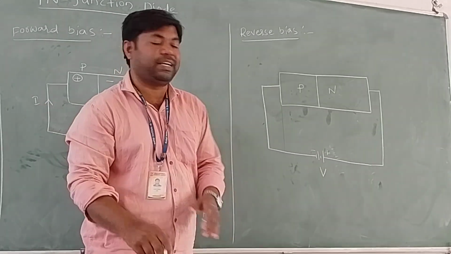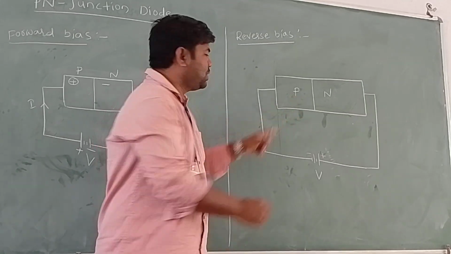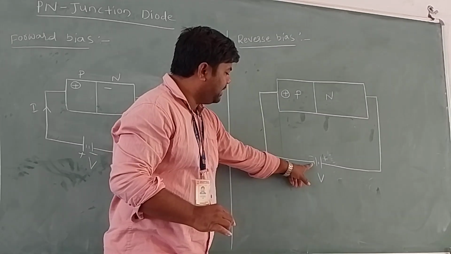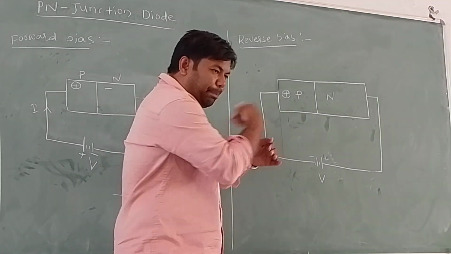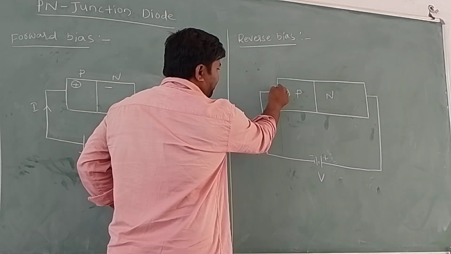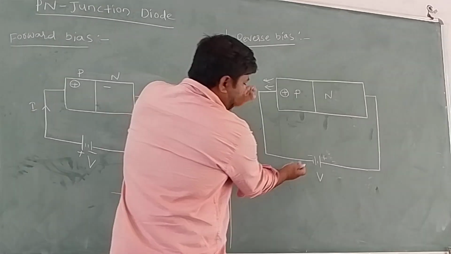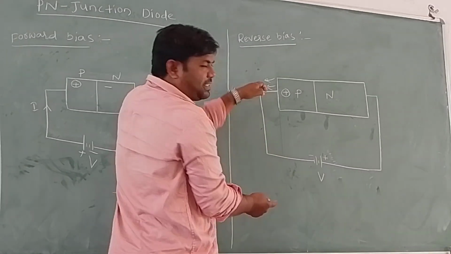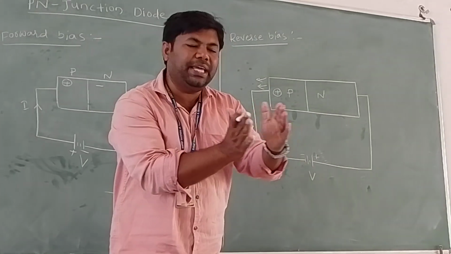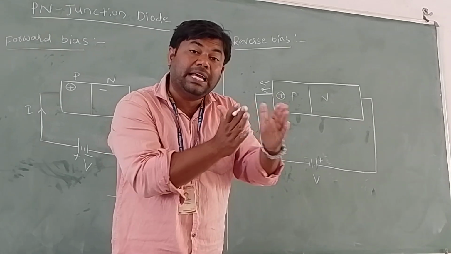The holes in the P type are positive and here the terminal is negative, so they attract each other and the holes move like this. So the depletion region width will increase.